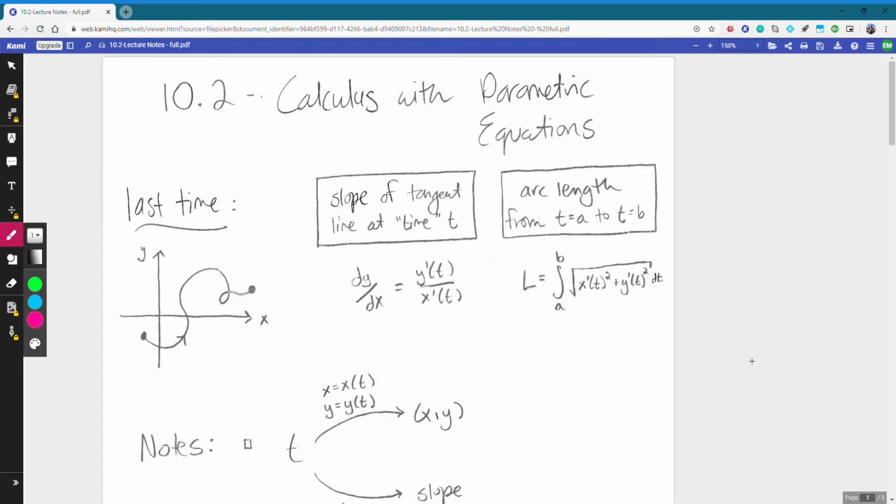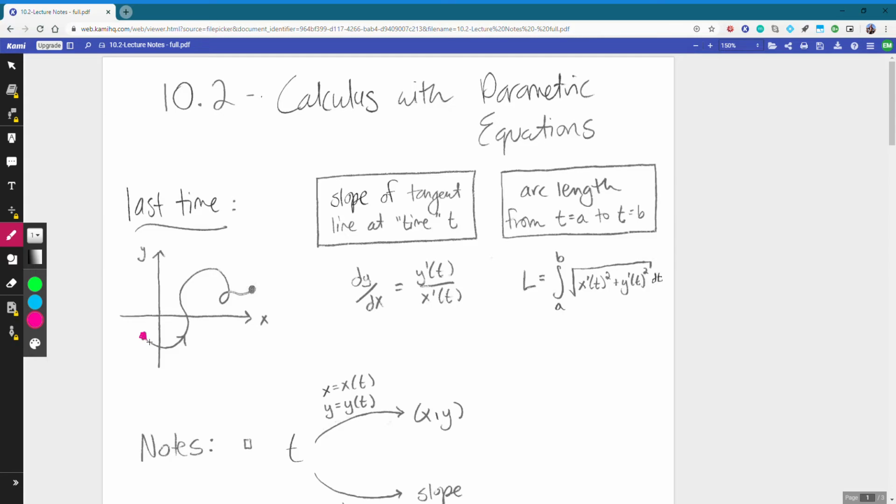Today we're going to keep playing around with parametric equations and really dig into the two calculus type formulas that we were introduced to last time. And a quick recap of the story so far is that we have a particle zipping about. Right?